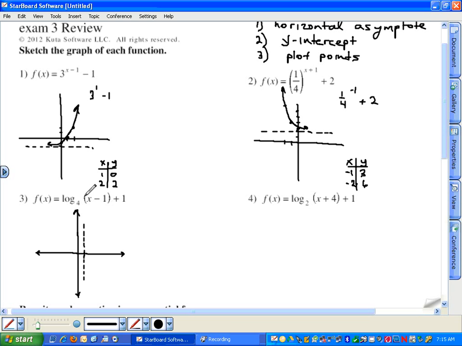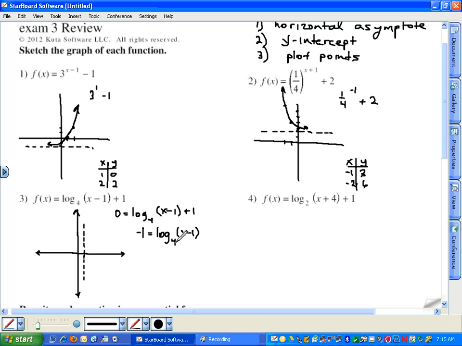Our x-intercept is found by letting y, or in this case f of x, equal 0. So we solve the equation 0 equals a log base 4 of x minus 1 plus 1. If we subtract 1 on both sides, we get negative 1 equals log base 4 of x minus 1.